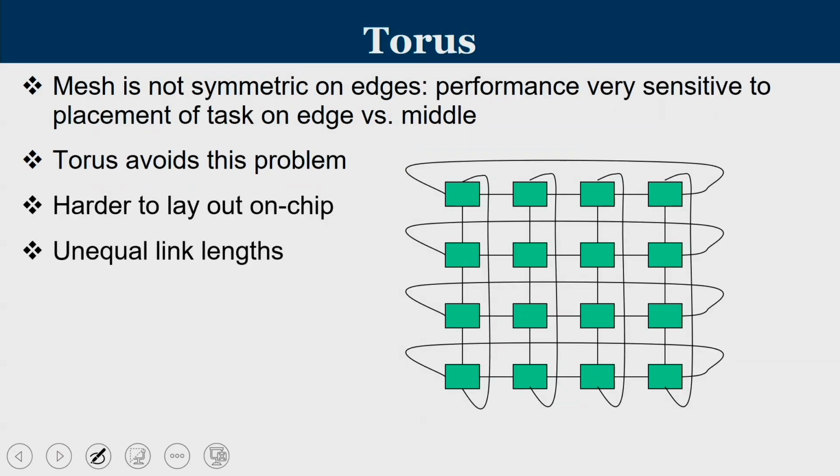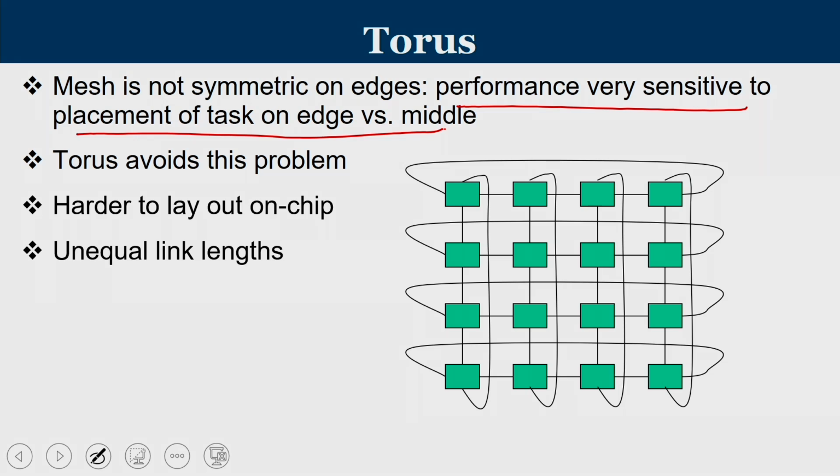Now, coming to torus, the mesh is not symmetric on edges, because those on the edge and corner do not have 4 neighbors. If you make sure that everybody has 4 neighbors, then the nodes on the edge and the corner are additionally connected to the other end. So, its performance is very sensitive to placement of tasks, whether the task is running on the edge or in the middle.